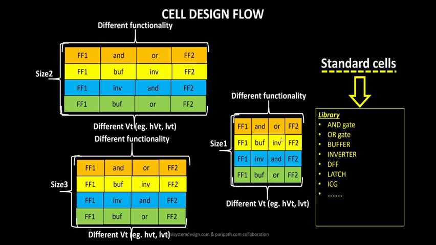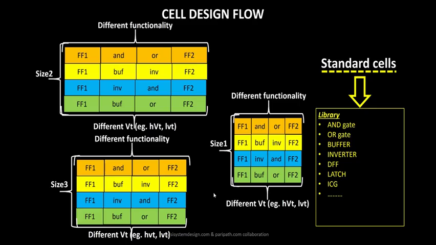So this inverter is of a different VT than this inverter, and that's why the colors are different. It's also possible they are of the same size but of different VTs. So this is called a library, and the library has all these things.